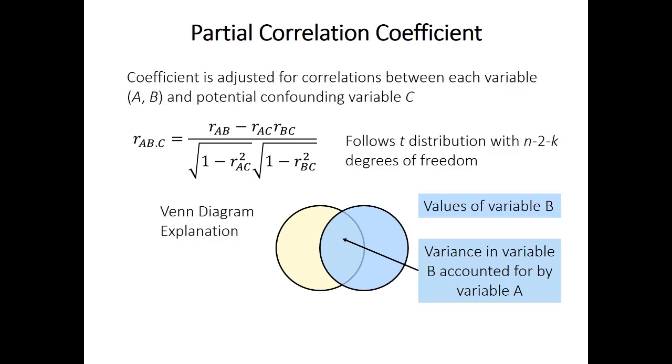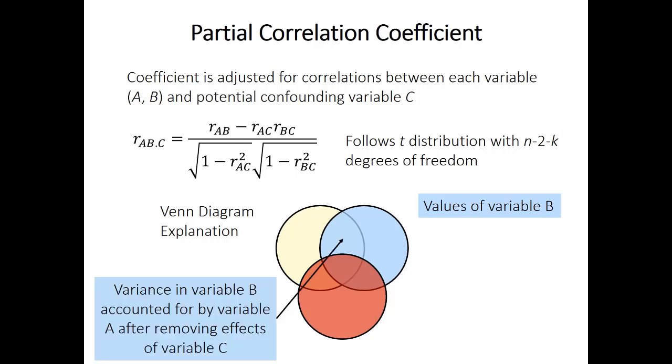But in partial correlation, we add a third confounding variable, the red one here, which you can see overlaps with all three. And what this does is it reduces the area of this central green area, which is now the variance in B that's accounted for by A after we remove the effects of C. So we basically removed the red wedge, and we're left just with the upper greenish wedge that is essentially the variance in B accounted for by A after you remove C.